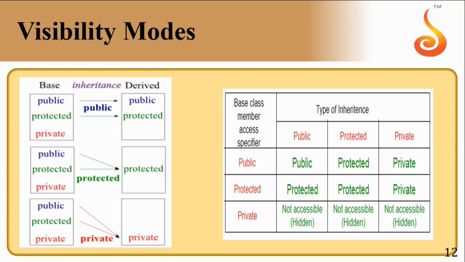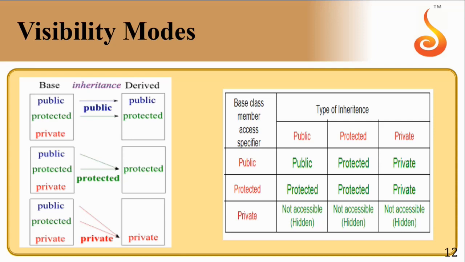When I declare anything under protected, it cannot be accessed outside the class. It is similar to private outside the class, but it can be accessed by the derived class member functions, whereas private data cannot be accessed even by the derived class member functions. Protected data can get inherited.